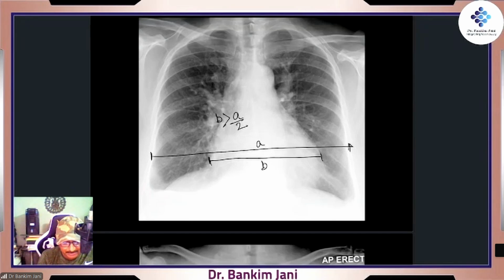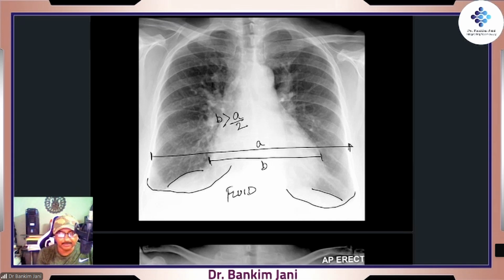So much so, you can even watch the fluid level. Can you watch this? See, this is the diaphragm. Over here, see the fluid. Over here, that's the fluid. These are the fluid levels. So that's why this is pleural effusion, cardiomegaly, pleural effusion.